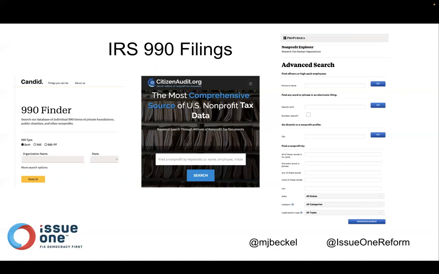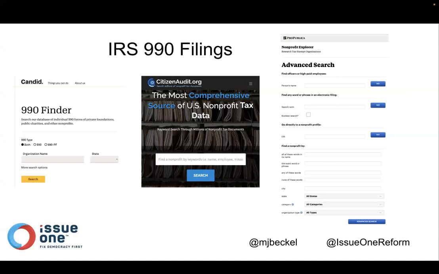So, if, for instance, pharma was giving money to a politically active nonprofit that I cared about, being able to find that contribution, you could use a search like citizenaudit.org or ProPublica's Nonprofit Explorer, or you could get the 990 from pharma itself and scroll through all the pages and pages of grants that it makes and discloses, and maybe find the information that you're looking for that way.